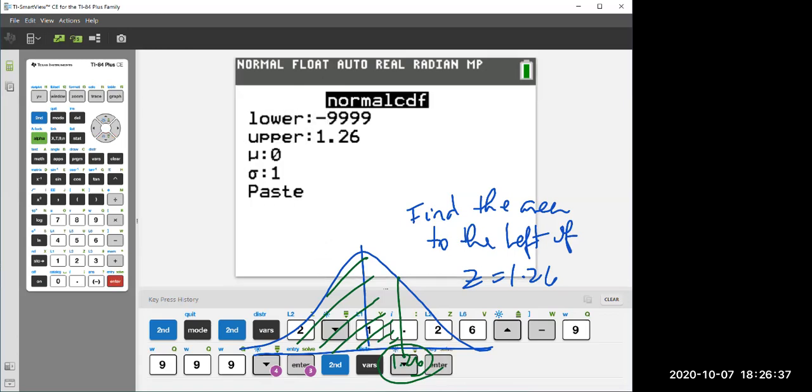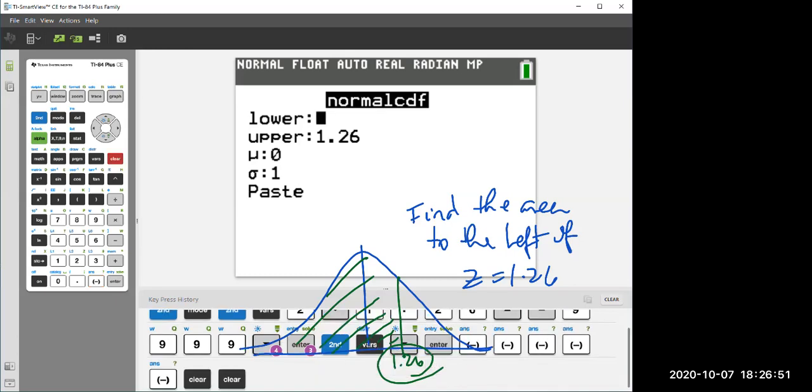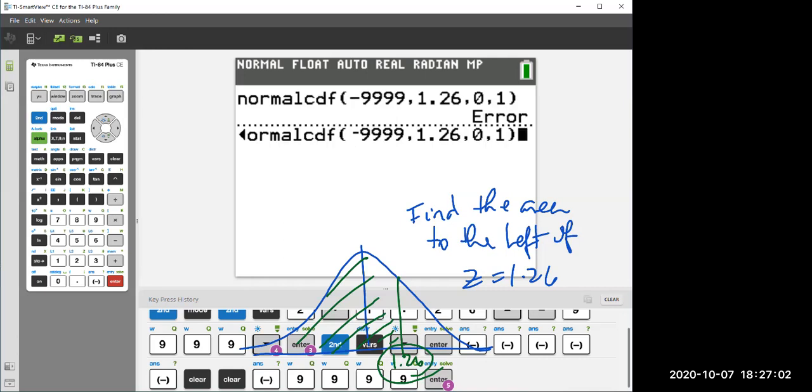When you type negative, you have to use this key next to the enter. This is the negative, not the minus. I used the minus earlier, I used the keyboard. So you have to use this. This is the minus. So negative 999. Enter, enter, enter. And when you enter this, you will get the answer.